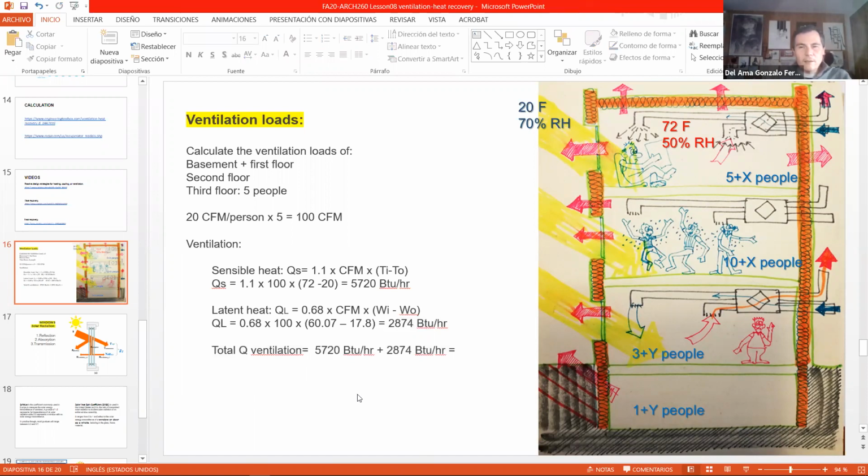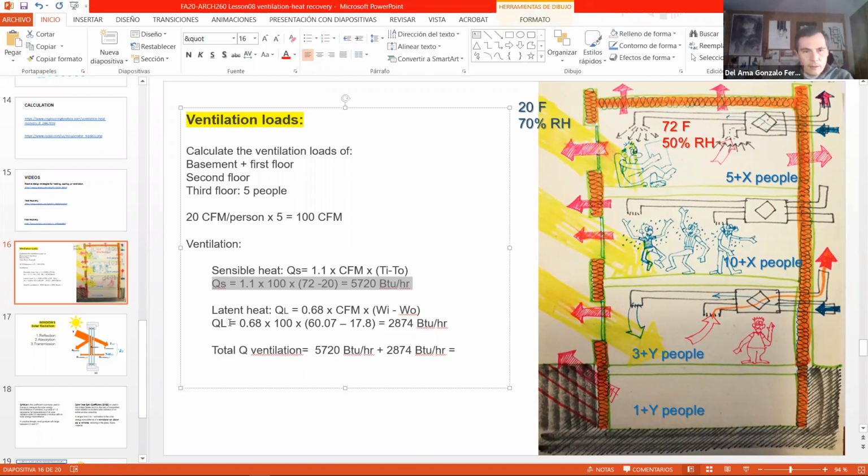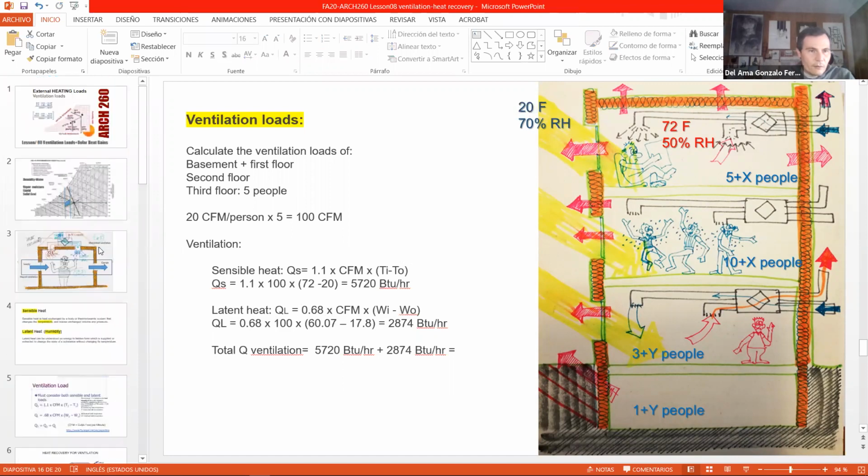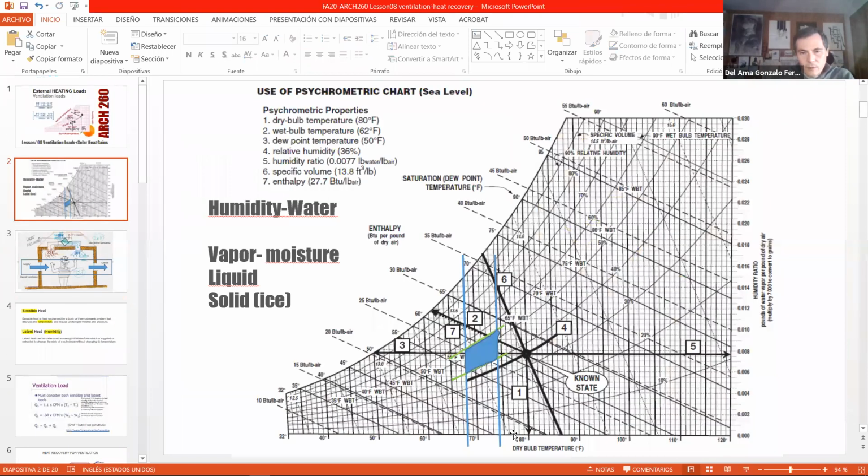Well, it's quite easy. We need to know the indoor and outdoor conditions. With indoor and outdoor conditions, we use these two formulas for sensible heat and for latent heat. For sensible heat, we just use the indoor and outdoor temperature. For latent heat, we need to calculate first the wet bulb temperature. We can either do it the old-fashioned way, so imagine that we have 72 and 50 Fahrenheit, then we go this way.